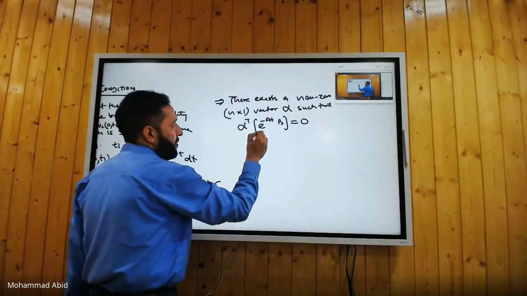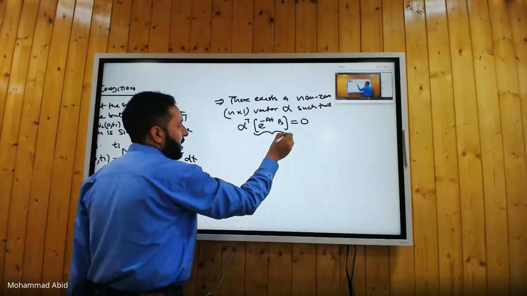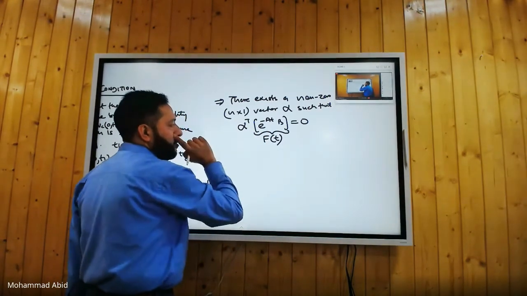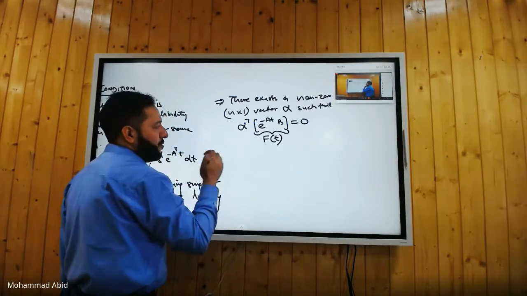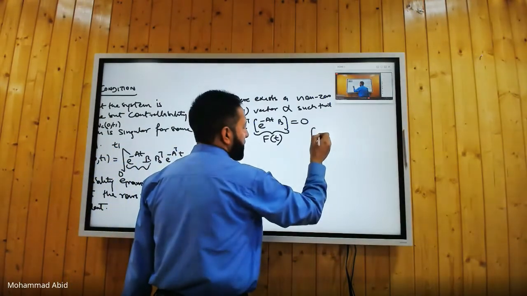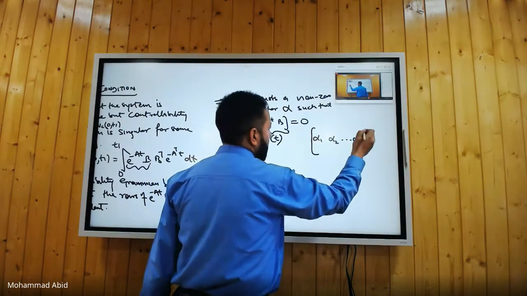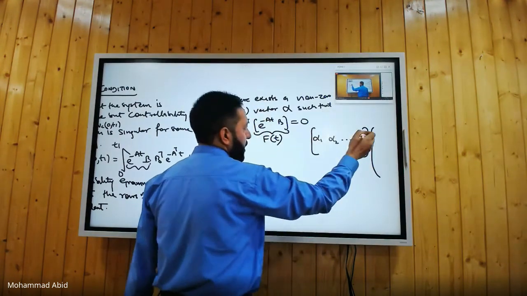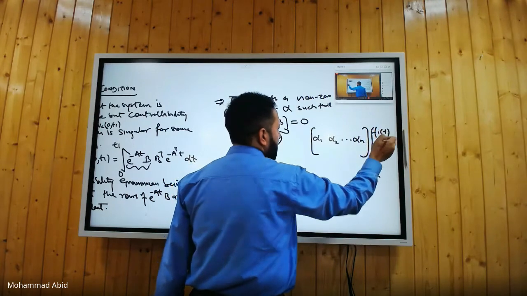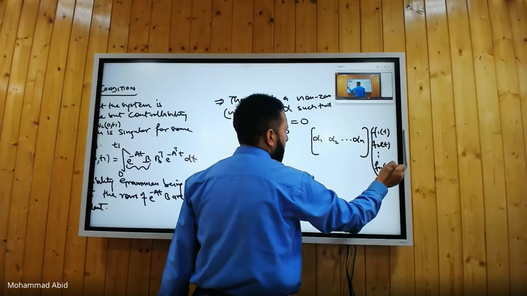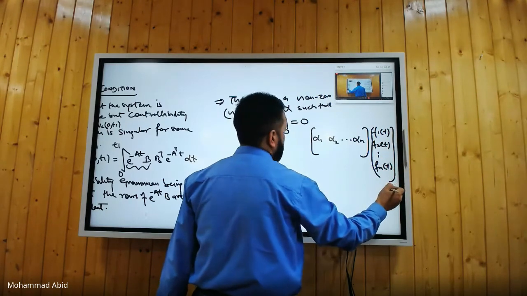This function is basically f(t). Its entries are like this: alpha transpose is alpha 1, alpha 2, so on up to alpha n, and the rows are f1(t), f2(t), so on up to fn(t). I put it equal to 0.